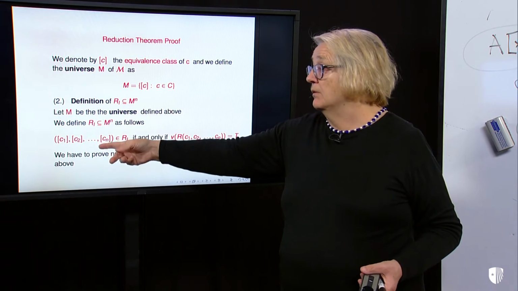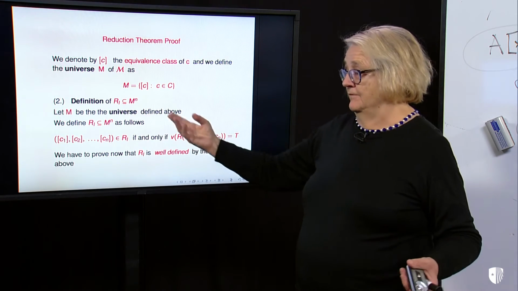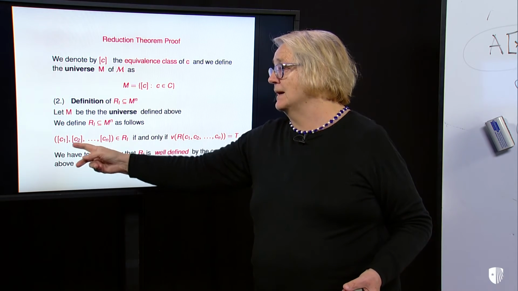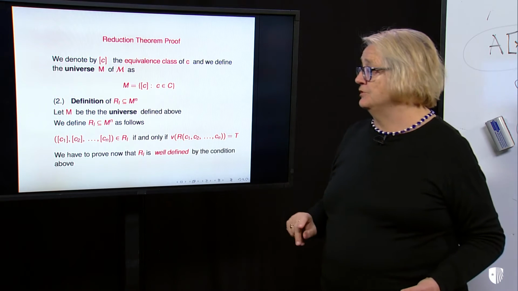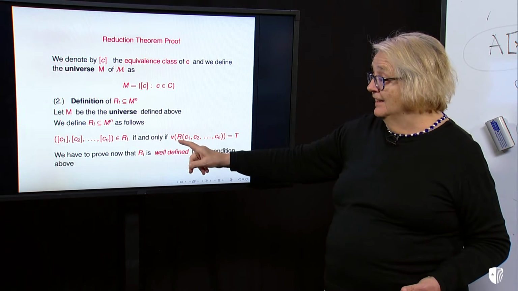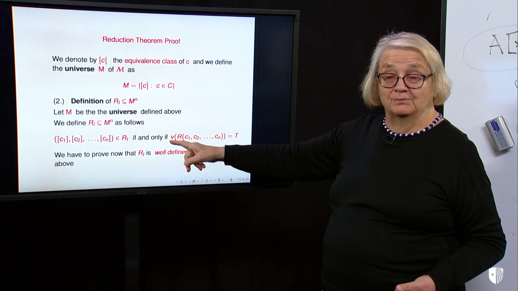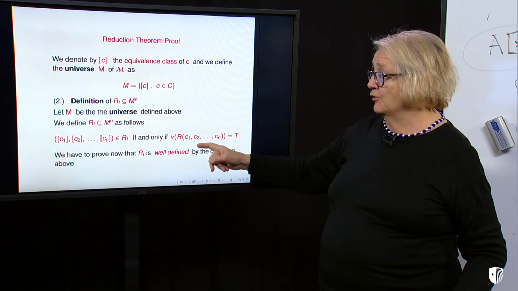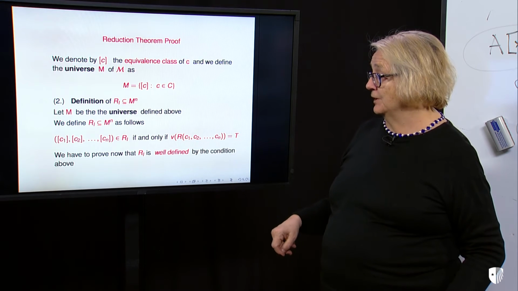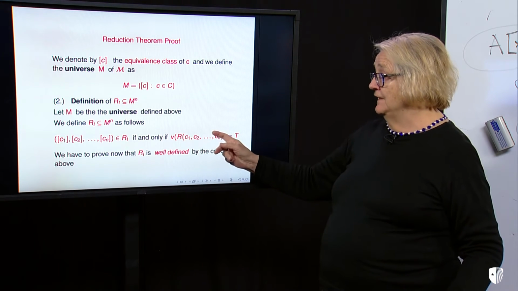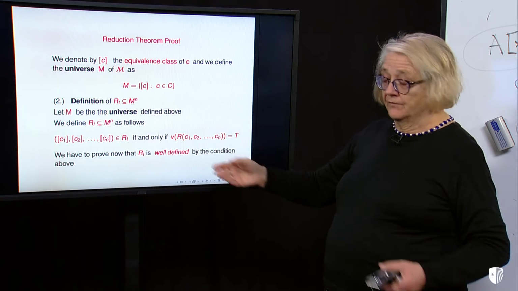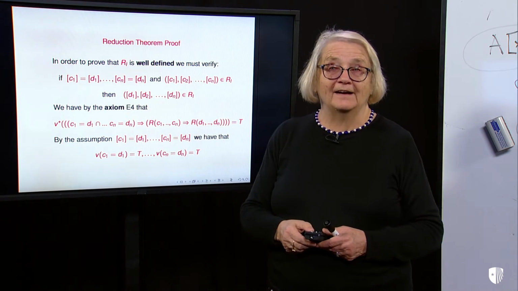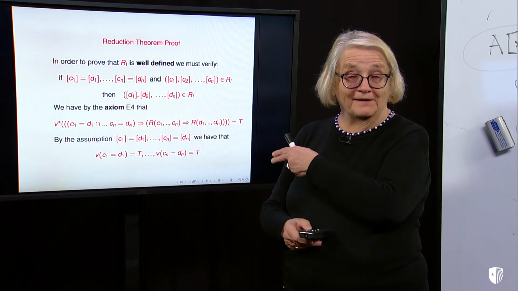And of course, R holds for elements [c1], ..., [cn] from the universe if our V, our truth assignment, of this prime formula, because it's an atomic formula, is T. And of course we prove that it's well defined, and this is a nice proof that the relation is well defined.